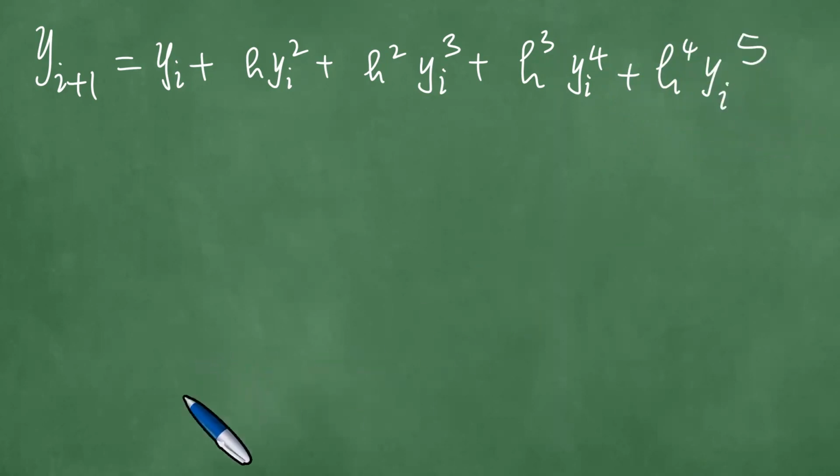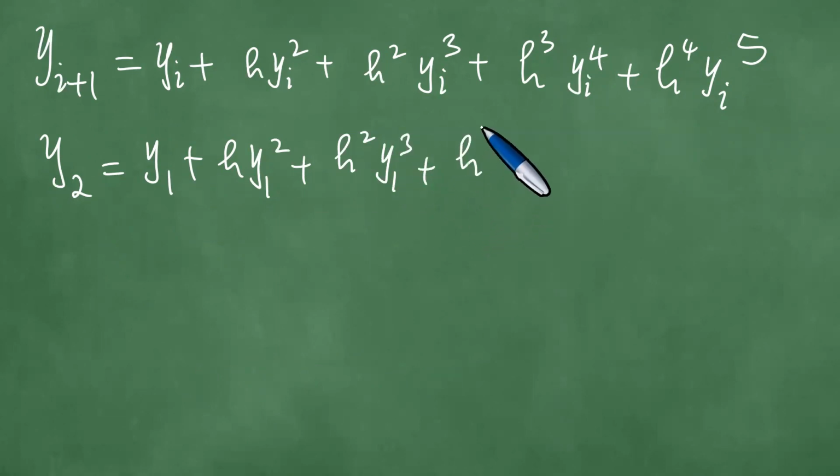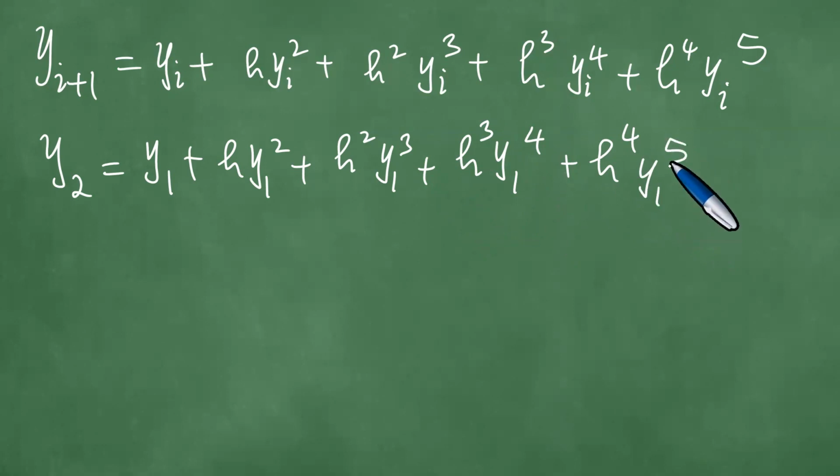Okay, this is the difference equation that we got for this problem, and we need to get y2, which is going to occur when i is 1. So you have h y1 squared plus h squared y1 cubed plus h cubed y1 to the fourth power plus h to the fourth power y1 to the fifth power.